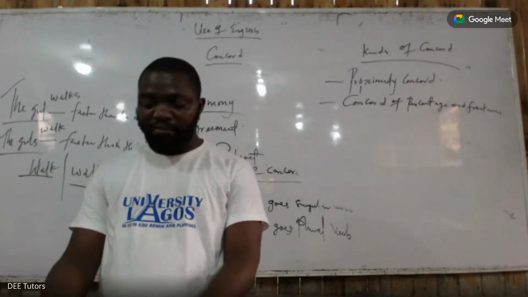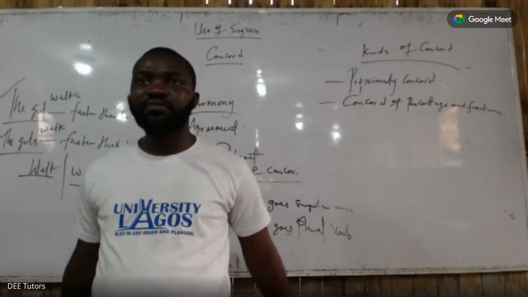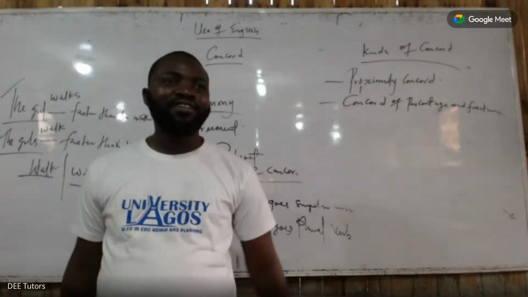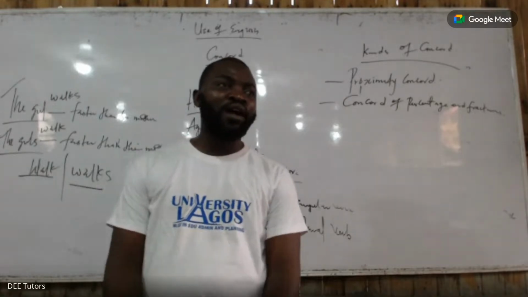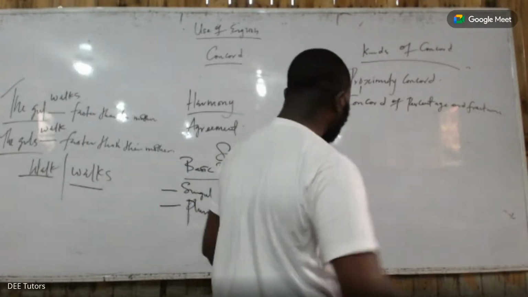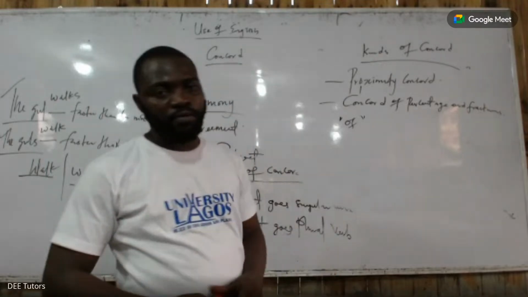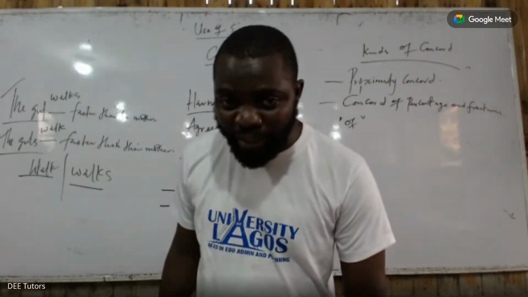When a percentage or fraction is used as a subject of a sentence, and it is immediately followed by "of." Put it in quotation marks. It is immediately followed by what? Of. Are you guys with me?